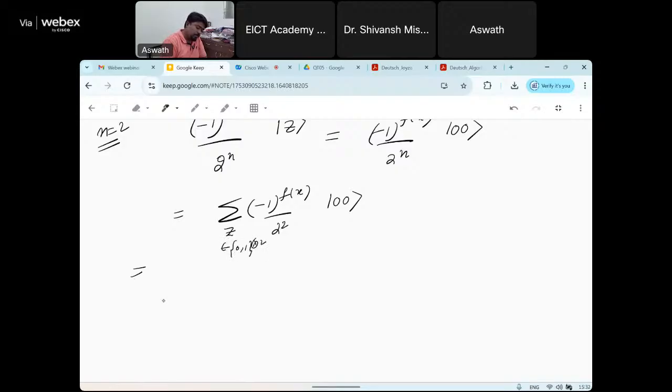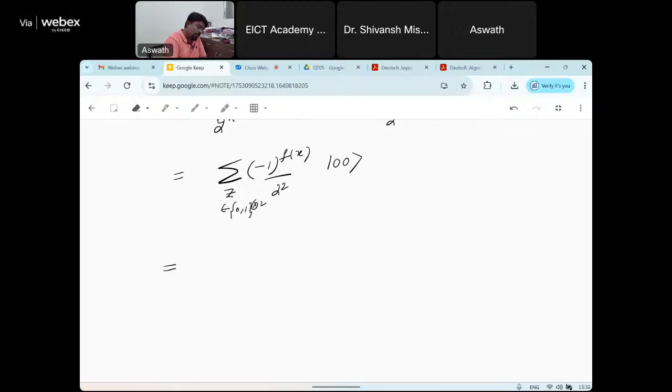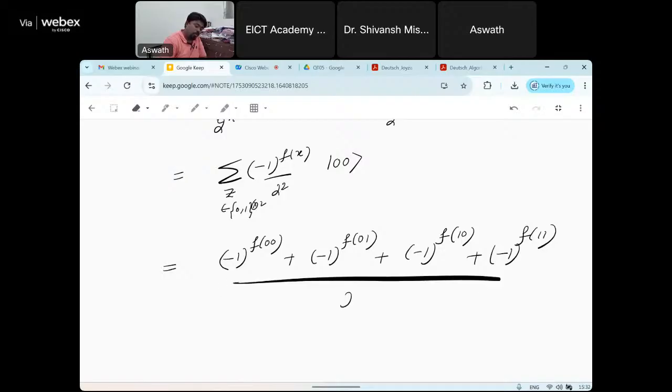So this is equal to minus 1 to the power of f of 0 0, plus minus 1 to the power of f of 0 1, plus minus 1 to the power of f of 1 0, plus minus 1 to the power of f of 1 1, divided by 2 to the power of 2. This is the amplitude of 0 0.